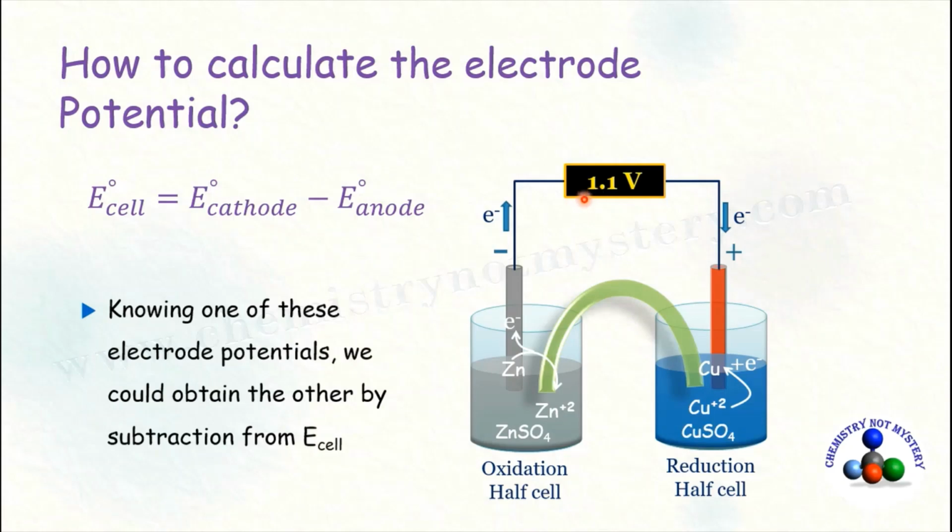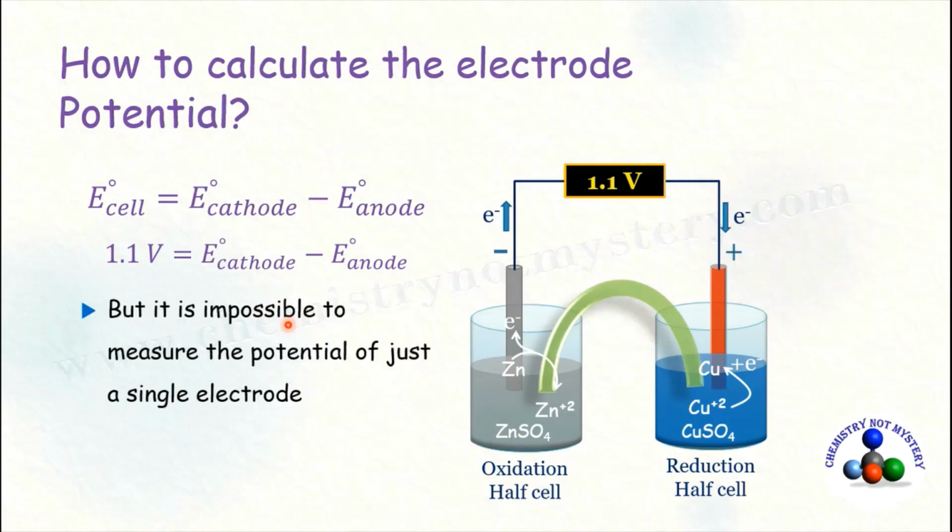So let's place the value of E cell obtained for Daniell cell in this equation. Here you will get 1.1 volt is equal to electrode potential of cathode minus electrode potential of anode. If we know the electrode potential of cathode, we can calculate the electrode potential of anode by subtracting the electrode potential of cathode from E cell. But it is impossible to measure the potential of just a single electrode.